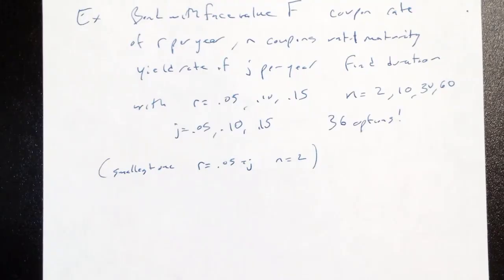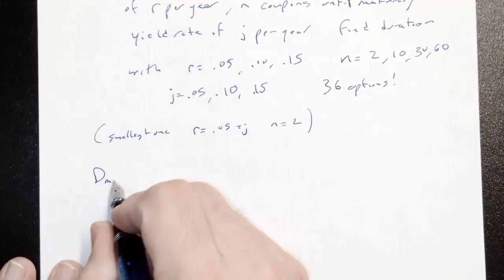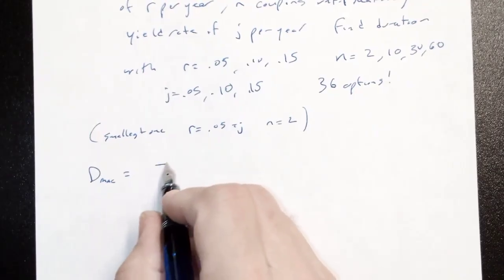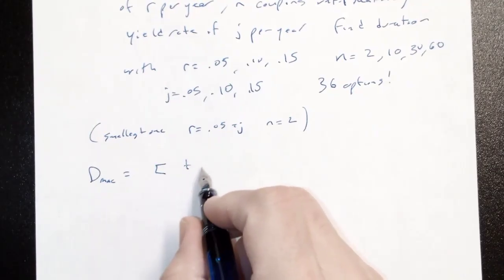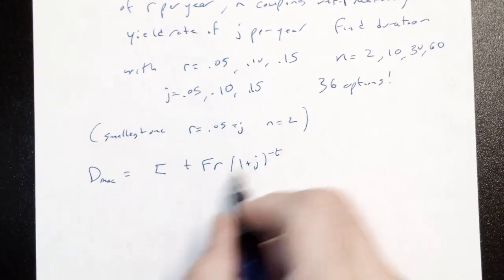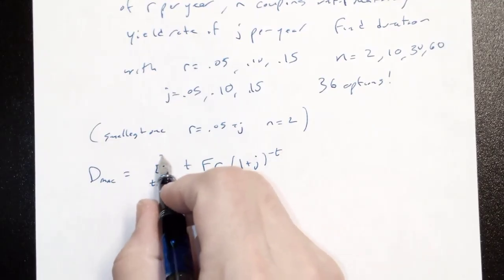Now, I'm the first person to tell you, this sucks. But let's do this in gross behavior. Macaulay duration is the sum of T times the coupon payment, 1 plus J to the minus T, t equals 1 to 2.